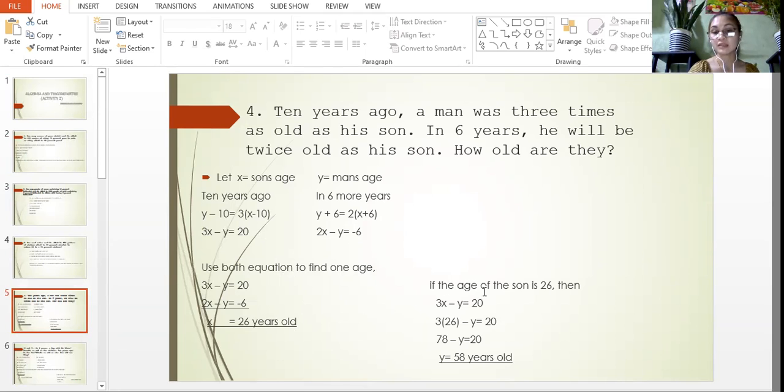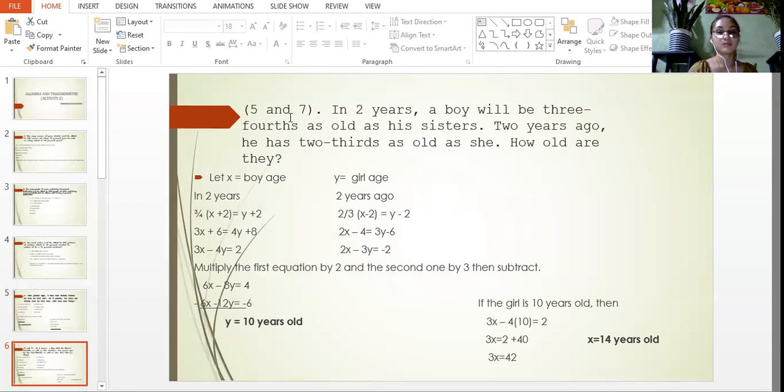So if the age of the son is 26, then the age of the man is found from 3x minus y is equal to 20. Then substitute the value of x. So 3 times 26 minus y is equal to 20. So 3 times 26 equals 78, and 78 minus y is equal to 20. So y is equal to 58 years old.